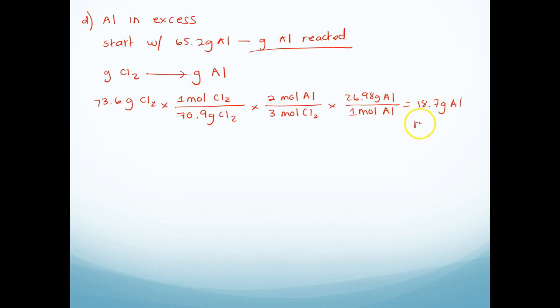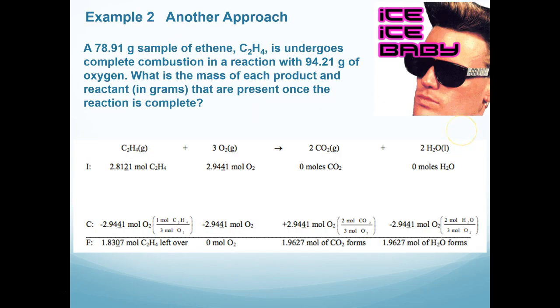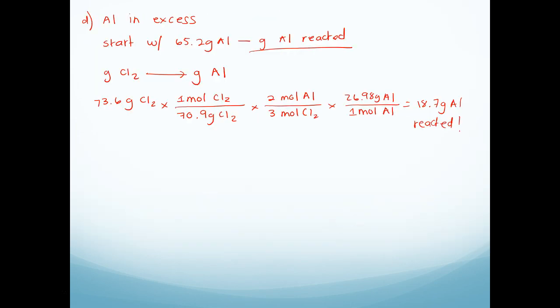And the key is this is the amount that is reacted. Okay, so a very common mistake is to just stop there and say that 18.7 grams of aluminum are in excess. And that's not it. We're not done yet. We need to take our total, so 65.2 grams of aluminum total, and we need to subtract out the 18.7 grams of aluminum that we reacted.